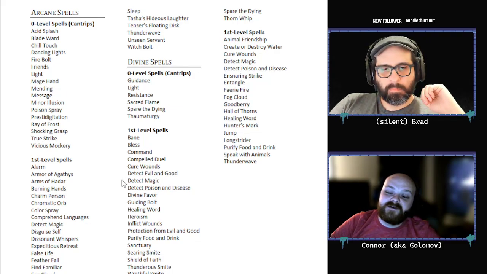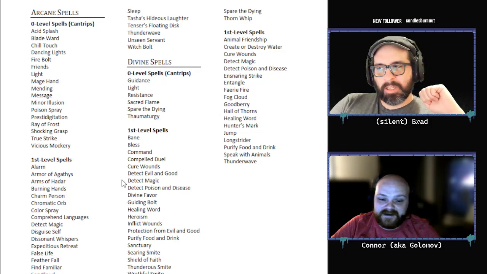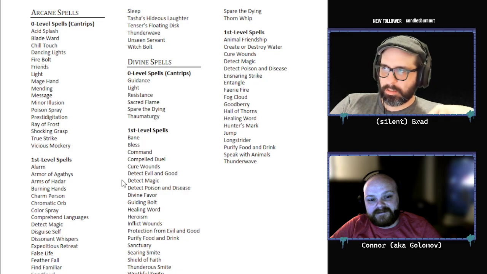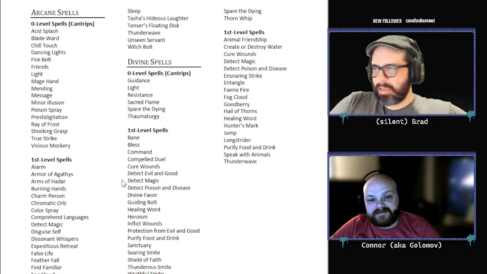There have been a lot of Bards that have been played as damage dealers. And I think moving it towards Divine spells is probably one of the ways to help curb that back into support.